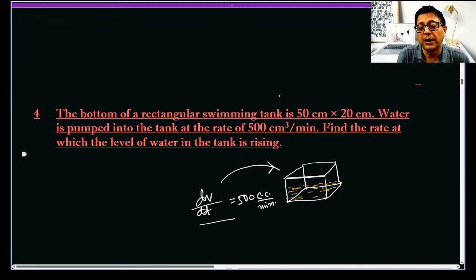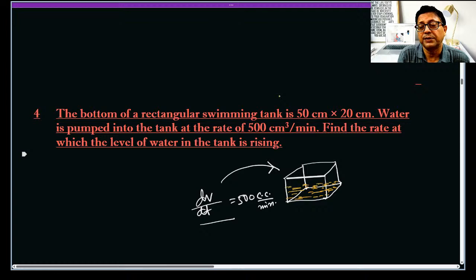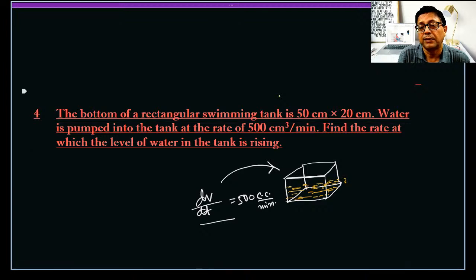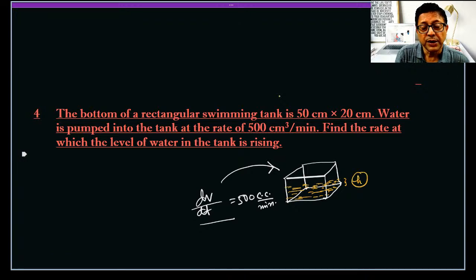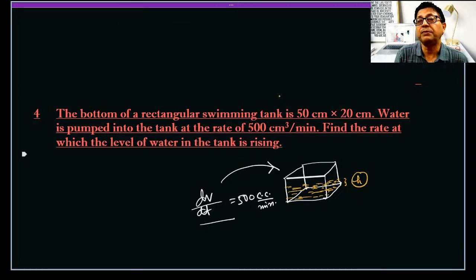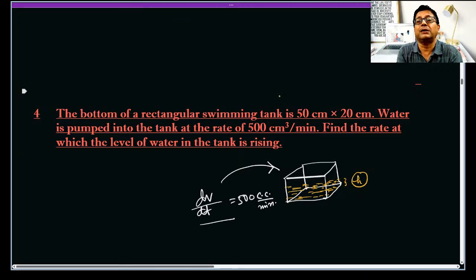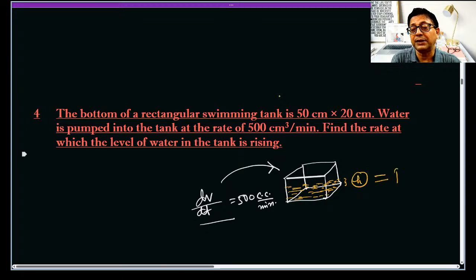Okay, level of water, this is rising gradually. Let level of water be h. Then volume after time t will be what? Volume, if you pour water, gradually the volume is rising. So level of water you have taken, height of water you have taken after time t.